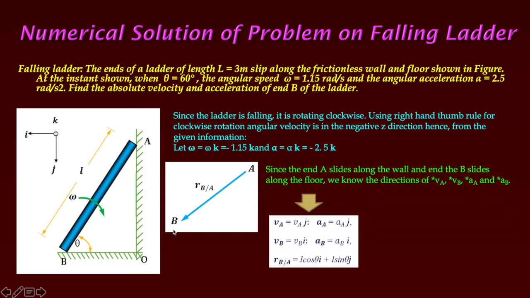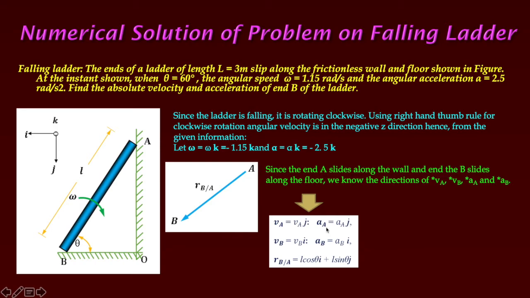Now, as I have already told you, VA can be written as VA j. Why? Because A moves only in the downward direction, meaning j is the unit vector. So VA j. The bold letter indicates the vector, and the normal letter indicates the magnitude of the vector. So the magnitude is VA.